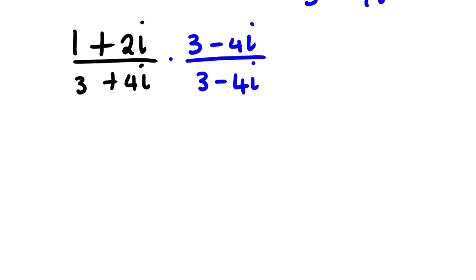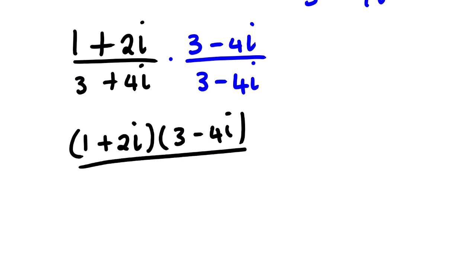Then from here we are going to have 1 plus 2i times 3 minus 4i, all over, actually it's 3 plus 4i multiplied by 3 minus 4i.